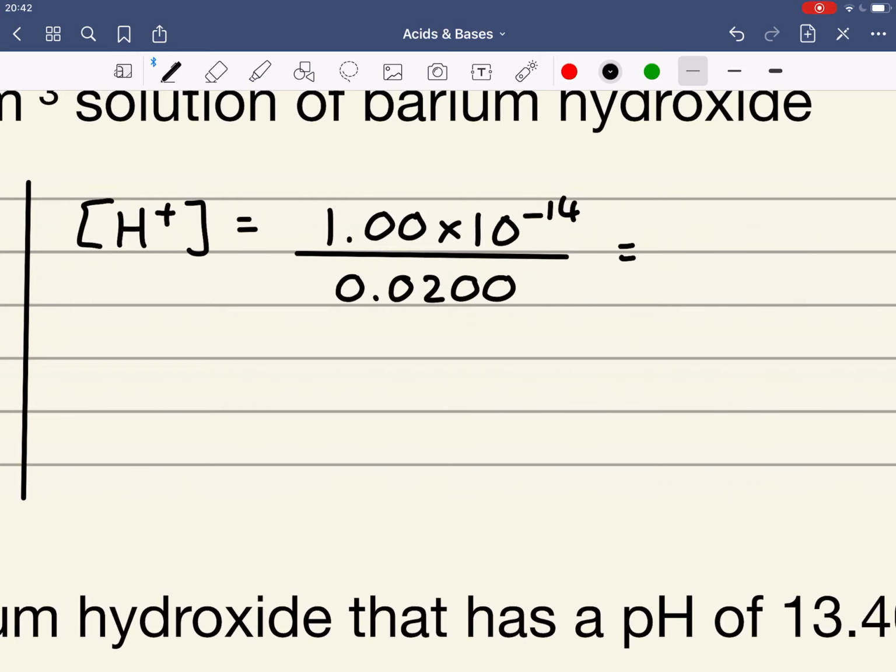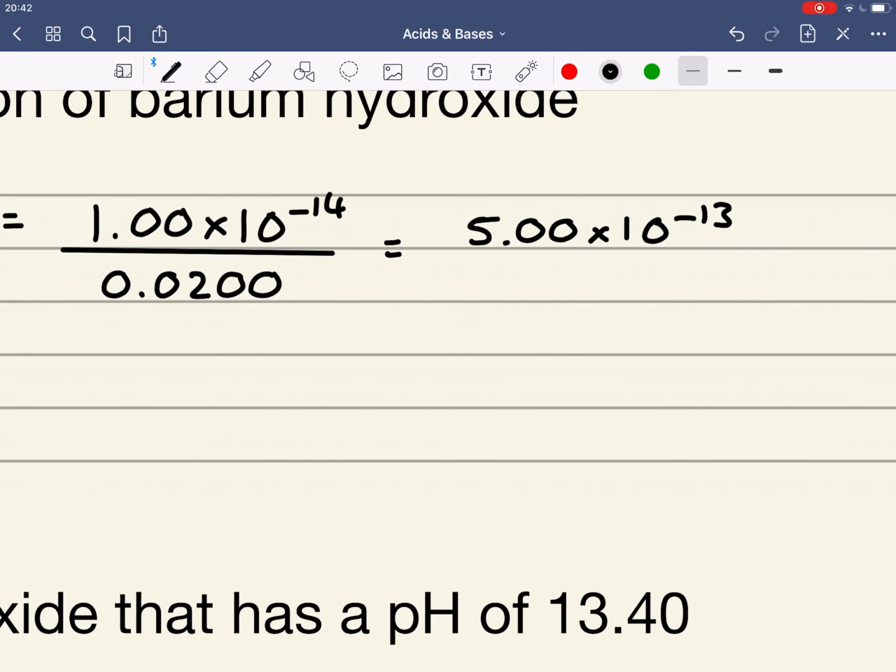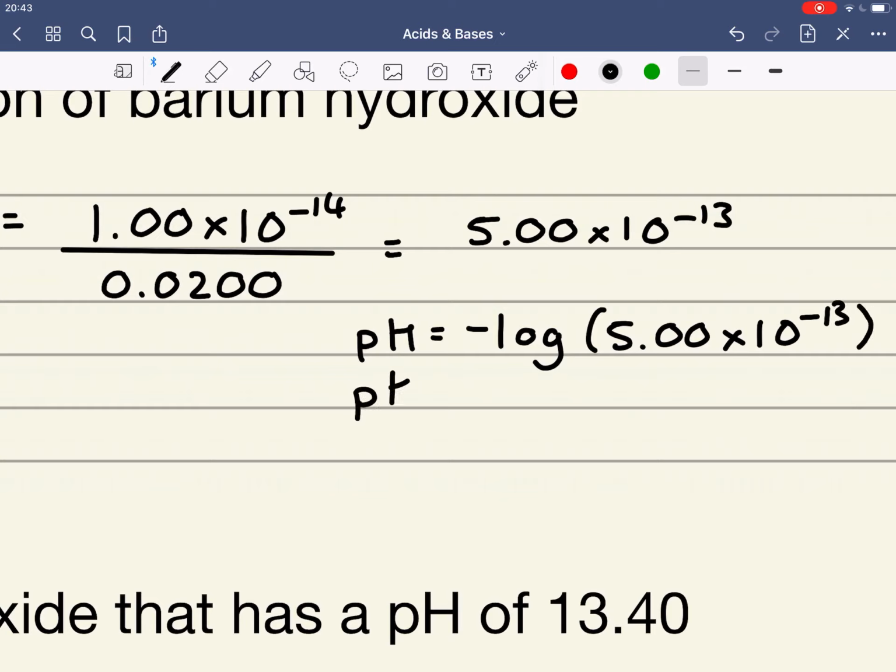And that gives me a hydrogen ion concentration of 5.00 times 10 to the minus 13. And if I remember that pH is equal to minus log to the base 10 of hydrogen ion concentration, that then gives me a pH of 12.30.